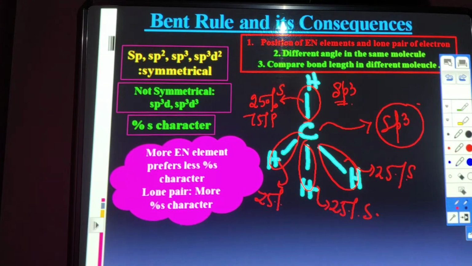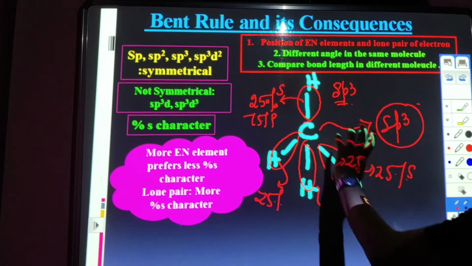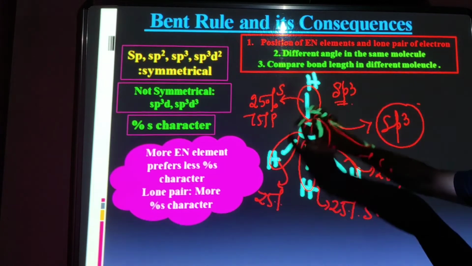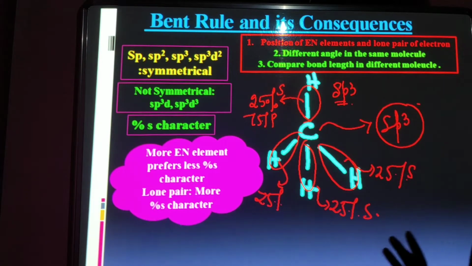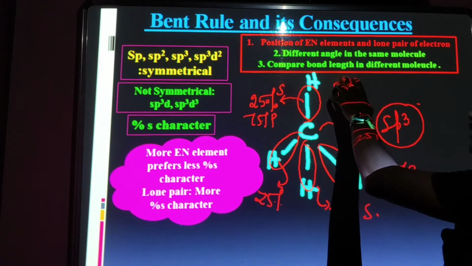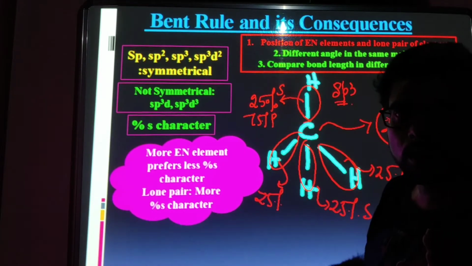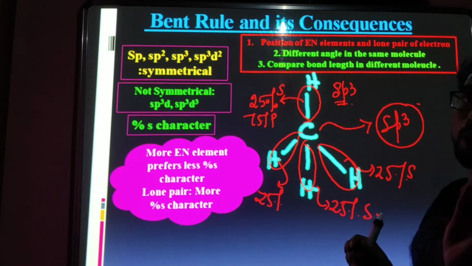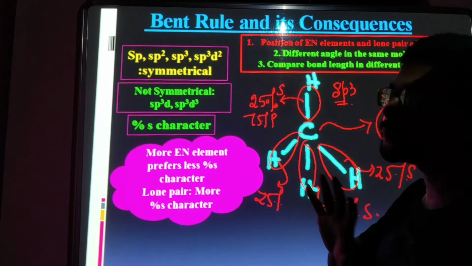The thing is that if we have a molecule where one of the substituents gets changed, then in the sp3 hybridized orbitals, the orbital with that substituent won't have 25% s and 75% p character.